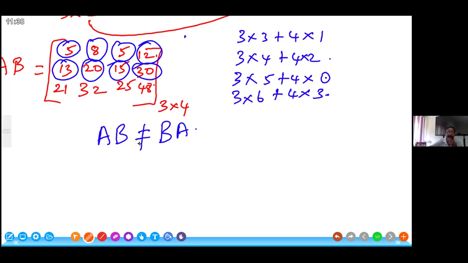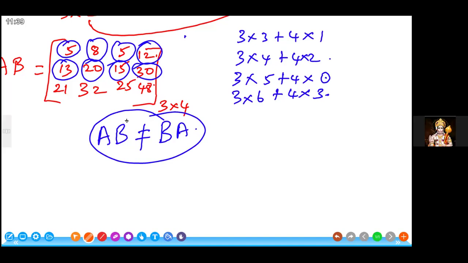Later we will see that under certain circumstances this can be equal. For a square matrix, it may be equal. We didn't talk about square matrices yet. Is it true?